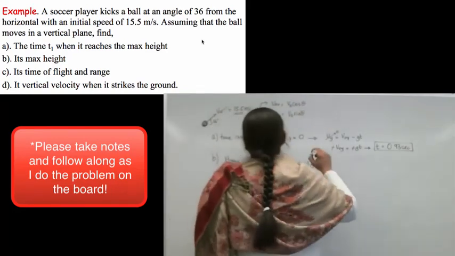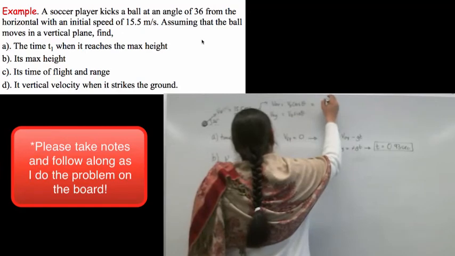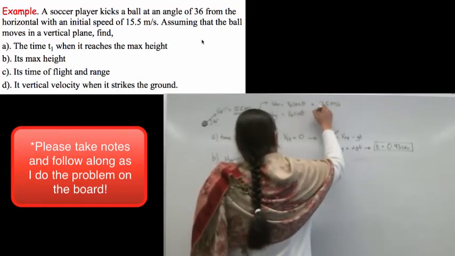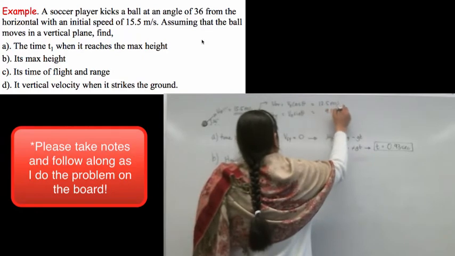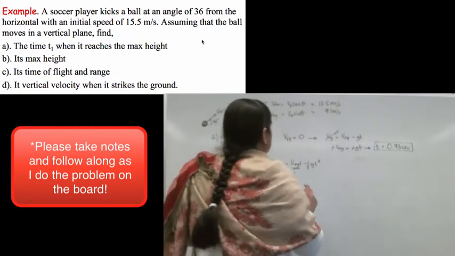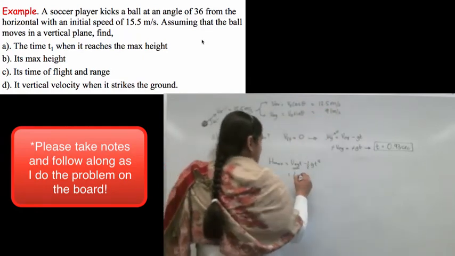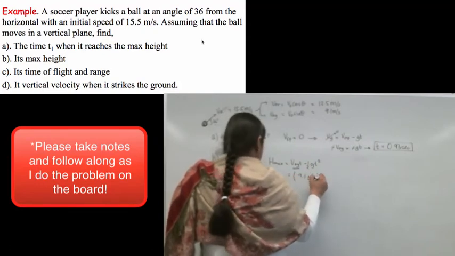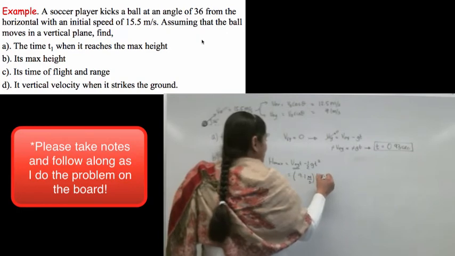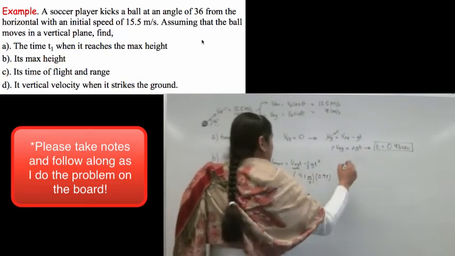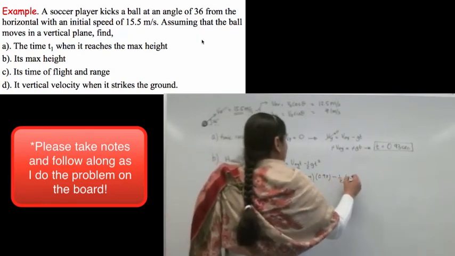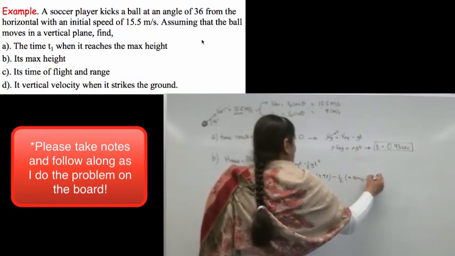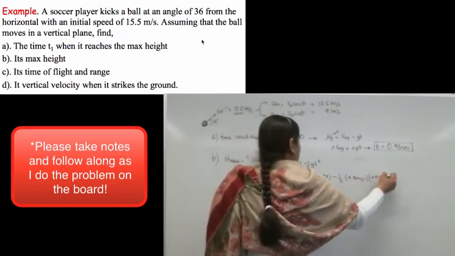So I plug those values in here, and I get 12.5 meters per second and 9.1 meters per second for both of them. So I can plug in this value in here. It'll be 9.1 meters per second times time, which is 0.93 seconds, which I calculated from here, minus a half, 9.8 meters per second squared times 0.93 squared.